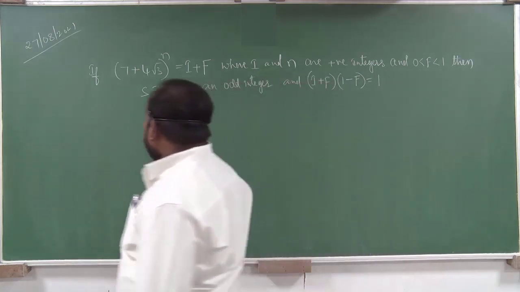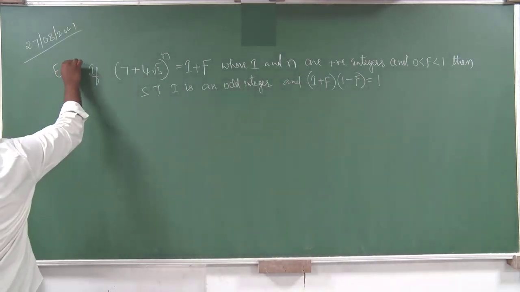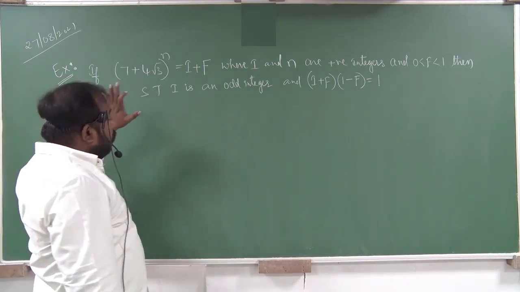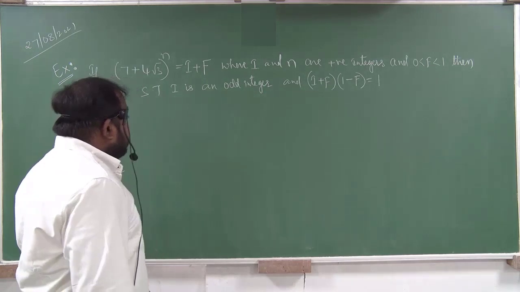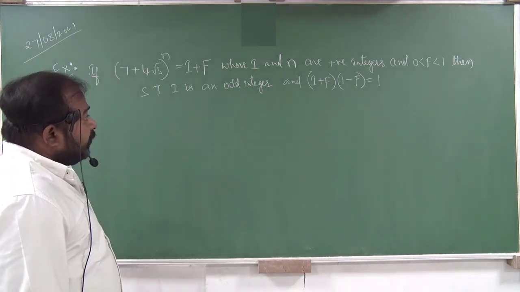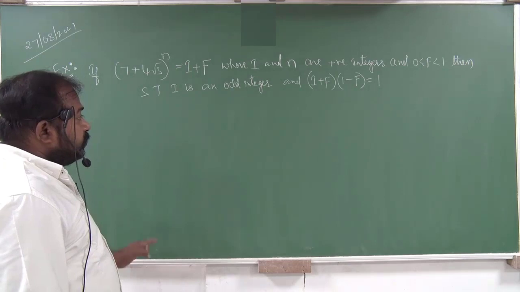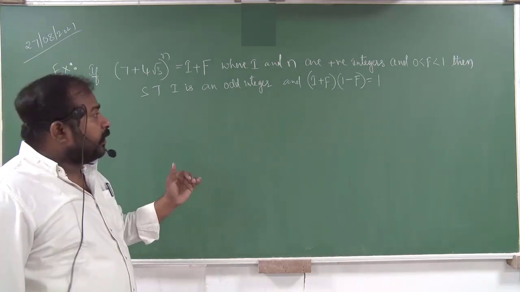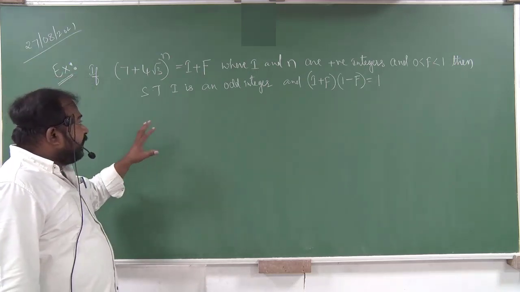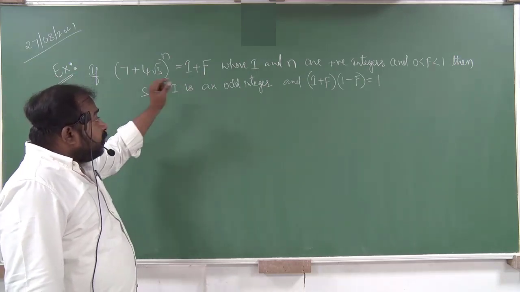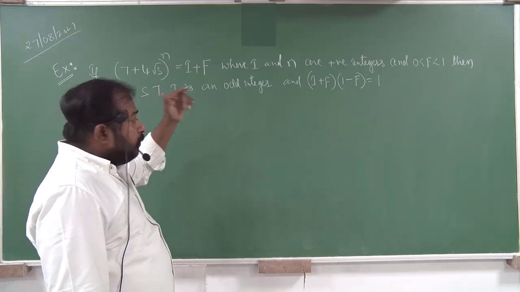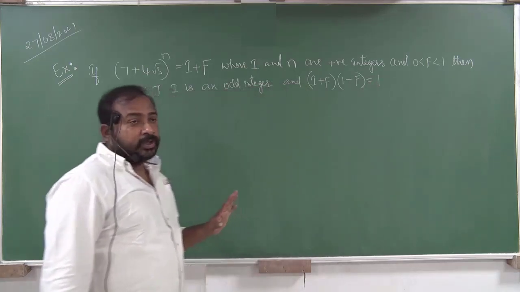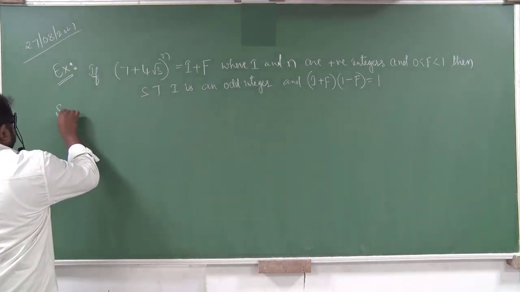Listen. If (7 plus 4 root 3) whole power n is equal to I plus f, where I and n are positive integers, and 0 is less than capital F less than 1, means f is the fractional value lying between 0 to 1. Then our aim is to show that this I is an odd integral value, and one more thing, (I plus f) into (1 minus f) is equal to 1. So this is the one example they given.